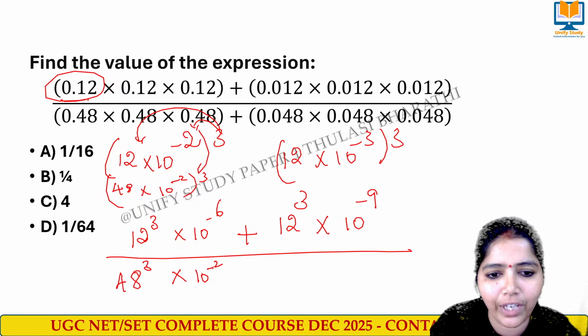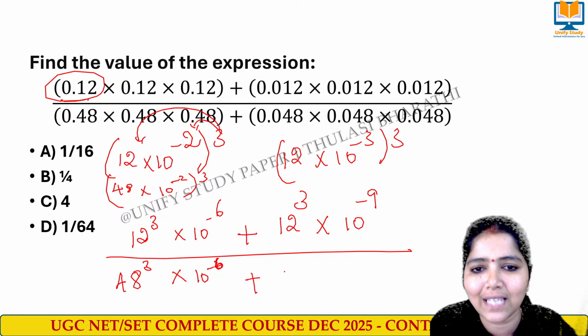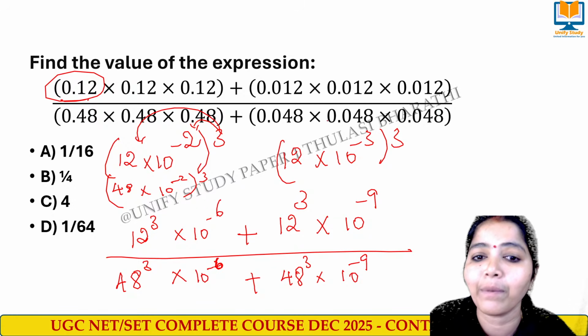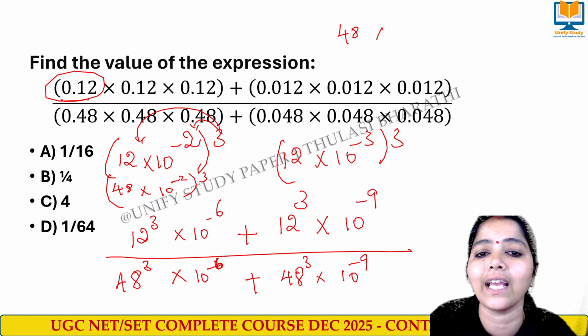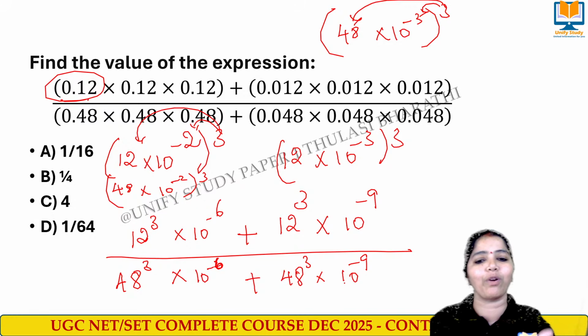This becomes 48 cube and this becomes minus 6. Similarly, plus again 48 cube into 10 to the power of minus 9. Ma'am, how, ma'am? Because here we have 48 into 10 to the power of minus 3, the whole cube.